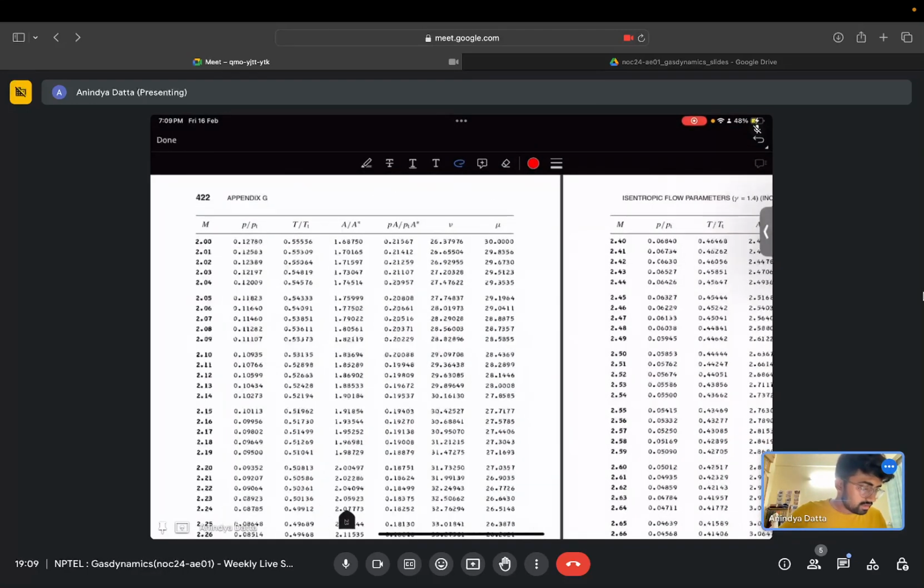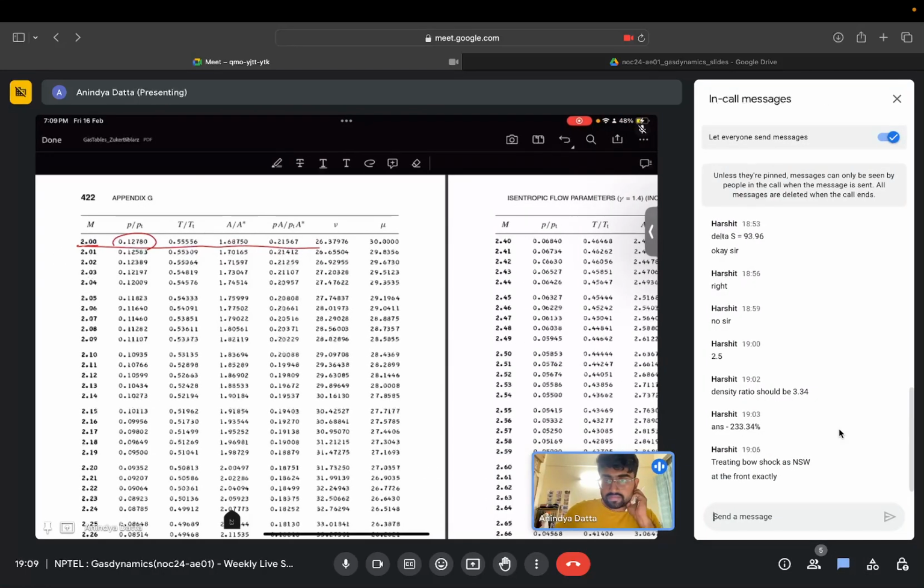From here, the static to stagnation temperature ratio T by T0 is 0.55556.